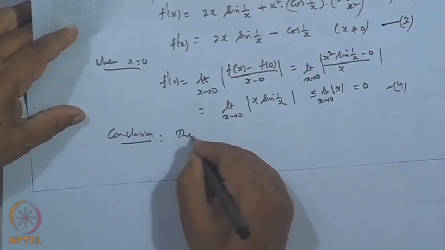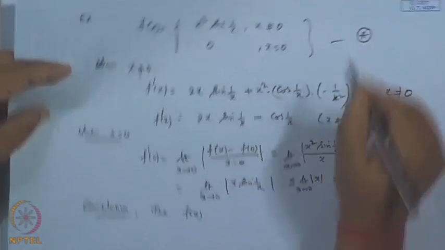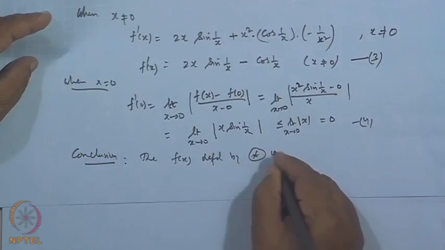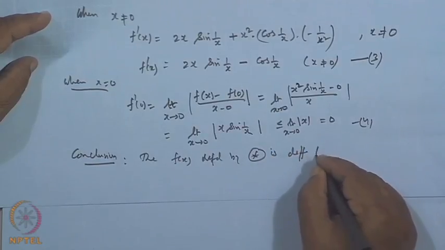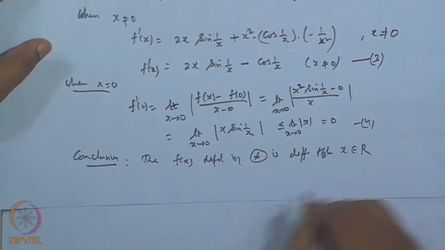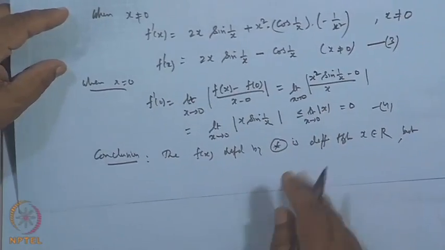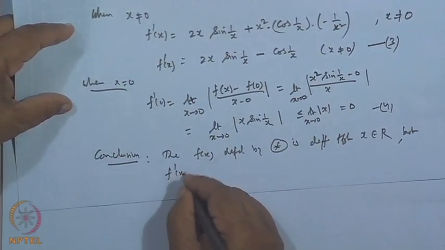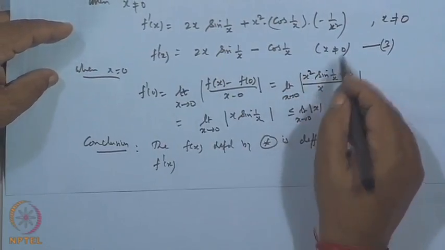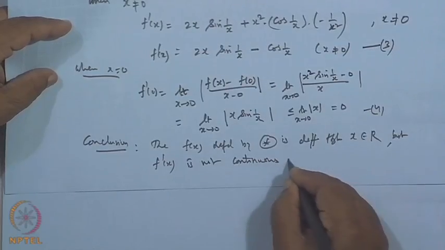The function is differentiable. So the conclusion is that the function f x defined by star is differentiable throughout x belongs to R, including x equal to 0, but the derivative of the function f x is not continuous at x equal to 0.